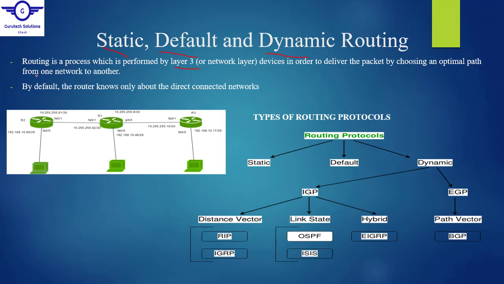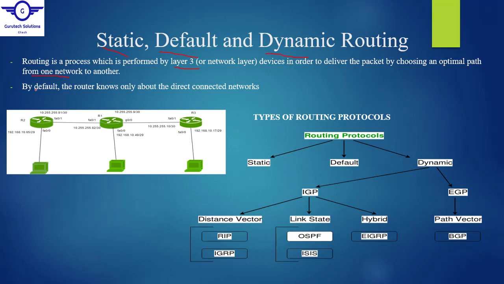Optimal path basically is the same as the best path, right, to route the packets. So basically routing is a process that is carried out by layer 3 devices, which are routers or layer 3 switches, in order to deliver packets from one network to another by choosing the best path, right?